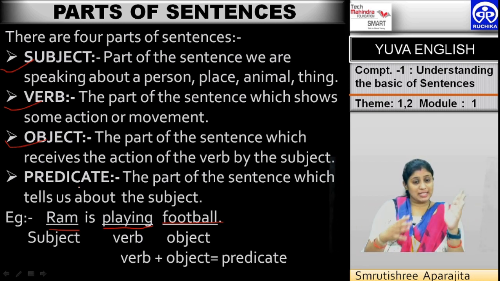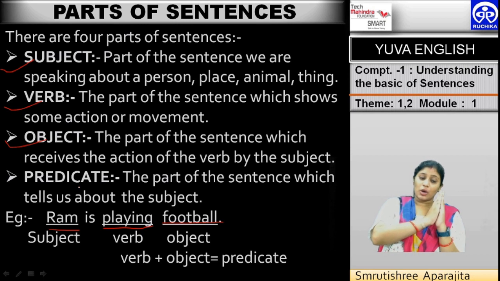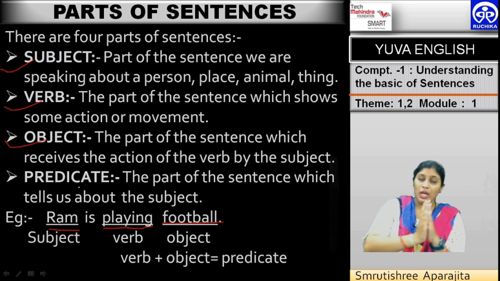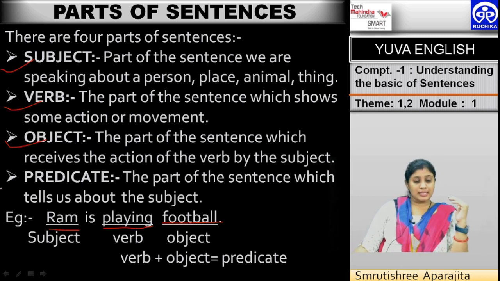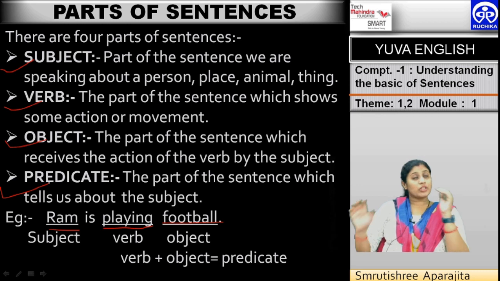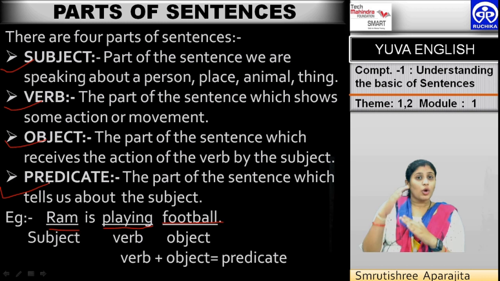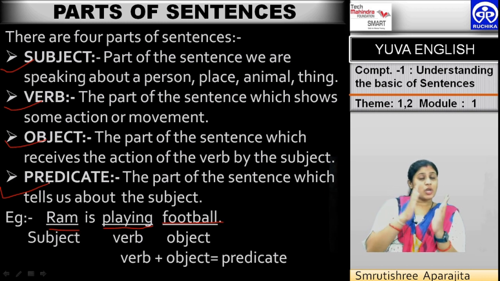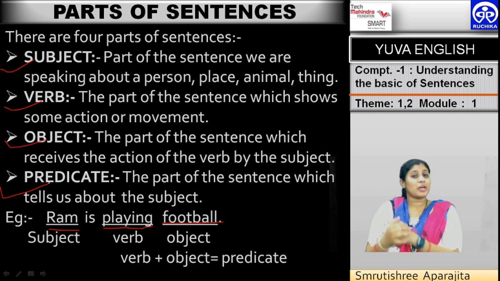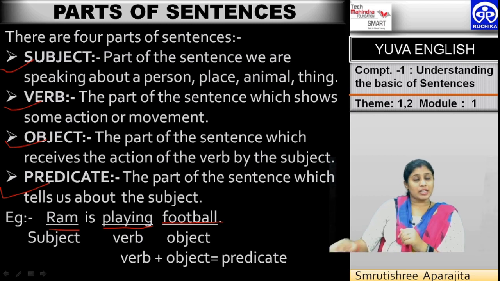So the subject is the one which holds the main part of the sentence, the one who is doing the action, the doer. Okay? And the predicate is that part of the sentence which tells us what the subject is doing in the entire sentence, what kind of action, who is taking that action. So our verb and our object comprise our predicate.